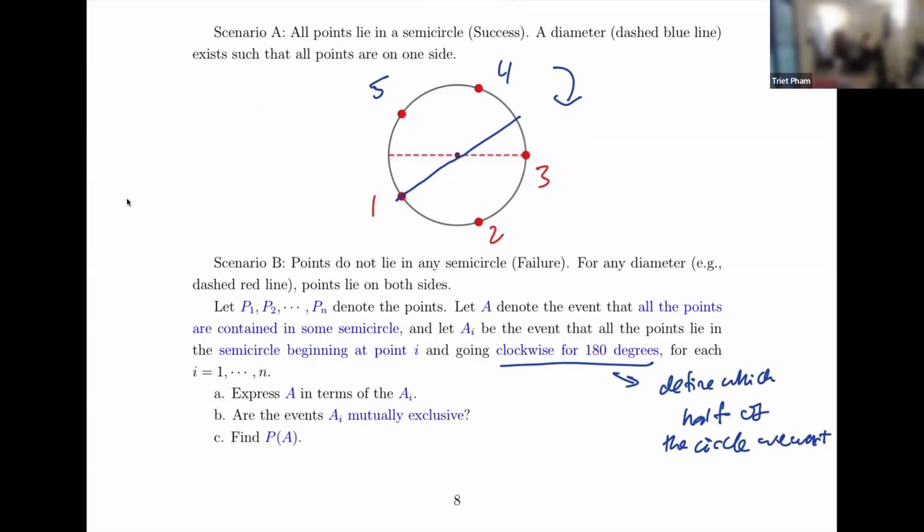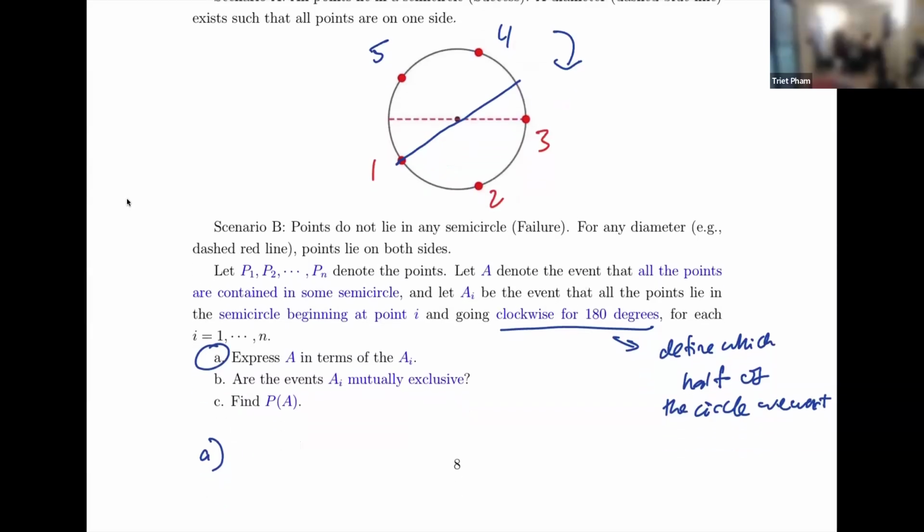In particular, for example, this right here is a P. How is A expressed in terms of the A_i? A is a union of A_i from 1 to n.